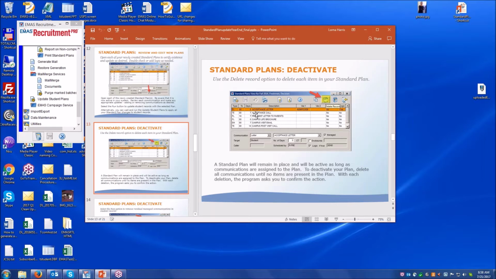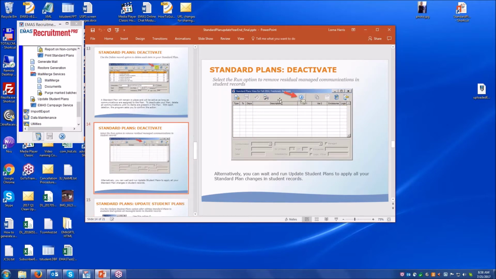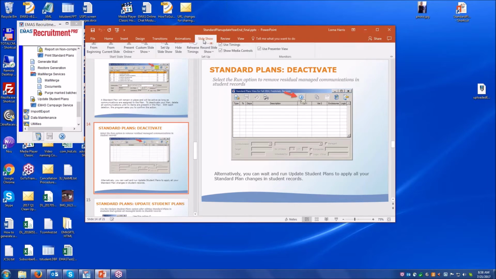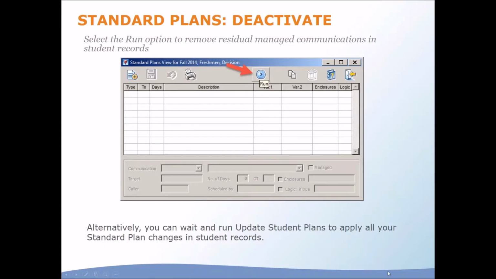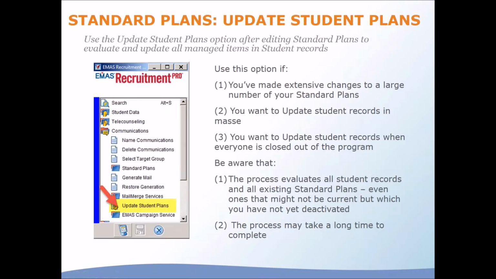Deactivate, I showed you how to do that. You're going to delete all the records in your plan, and then you're going to run the blue button, which is your update. Update student plans, I just gave you a look at that.